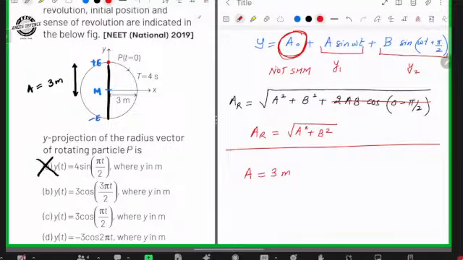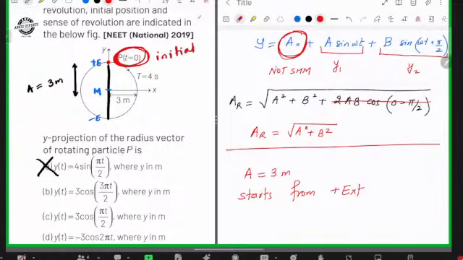Now here the particle starts from positive extreme position, because here it is written t is equal to 0. T is equal to 0 means initially the particle is at the positive extreme position.